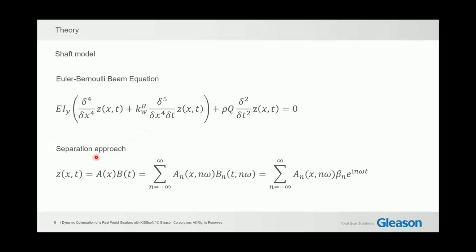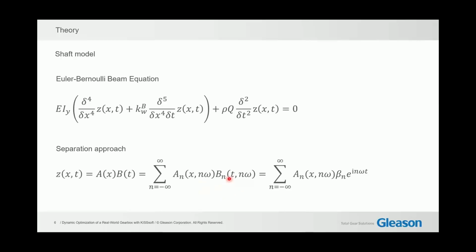Now we apply this separation approach. It simply means that for the solution z of x, t, with these two variables x and t, we make an approach of two functions: a of x only in space domain and b of t only in time domain. These functions are further broken down into individual components a_n of x dependent on n omega, omega being a base frequency, n omega a specific harmonic.